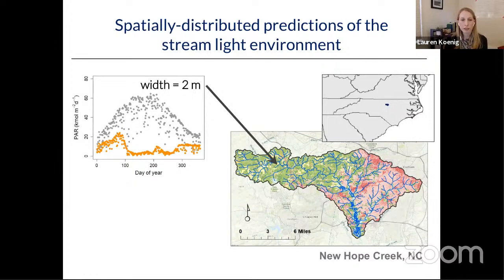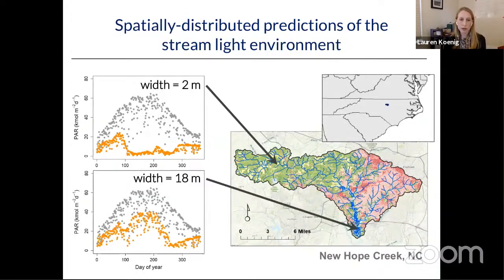In this plot, for a small headwater stream in the New Hope Creek watershed, gray circles indicate the incoming light above the canopy, and orange circles are the predicted estimates of stream surface light. Off the bat, we can see that light reaching streams is, first of all, much reduced compared to incoming irradiance, and that the timing is different in these small streams.